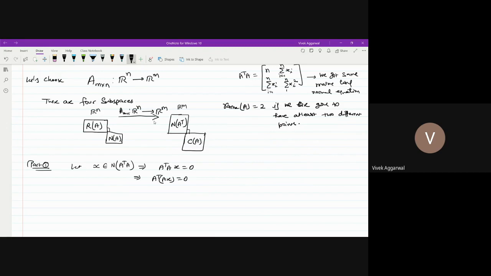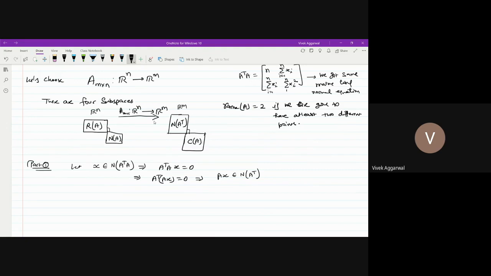Now from here, if I write that A transpose A x = 0, then I can say that Ax belongs to the null space of A transpose, right?